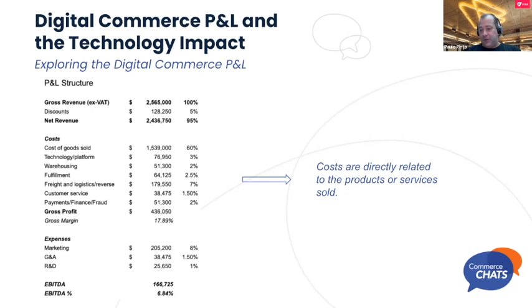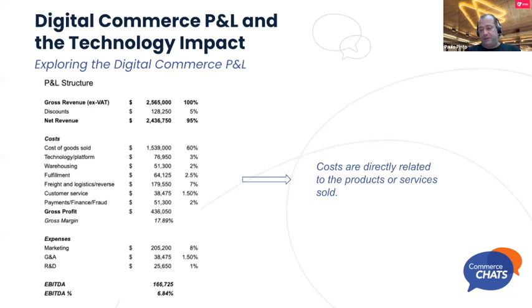Then you have your technology or platform costs. You have warehousing costs and fulfillment. So warehousing, you need to take into account how long your product sits in the warehouse and how much you pay for the space. And then you apply that piece to the cost of your product.